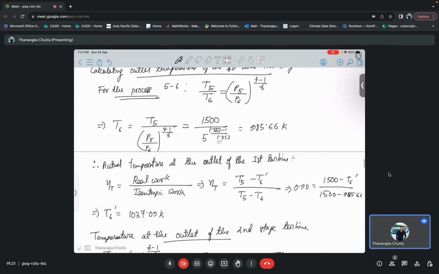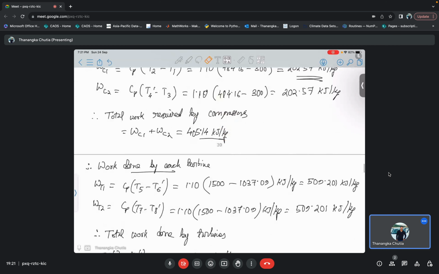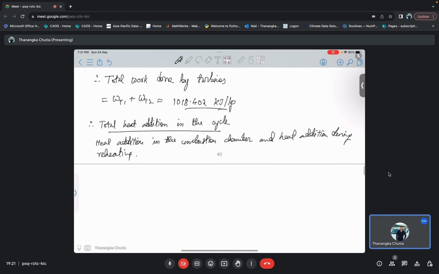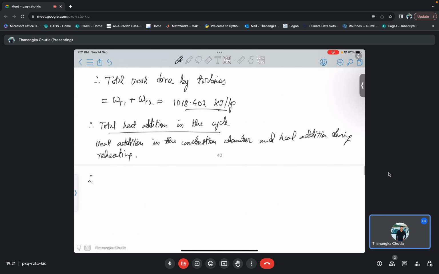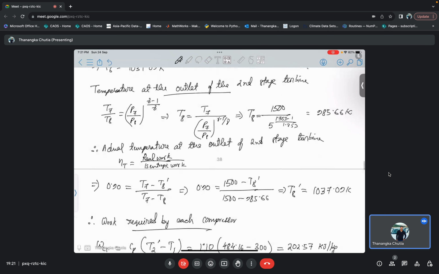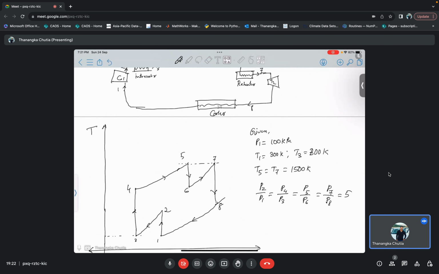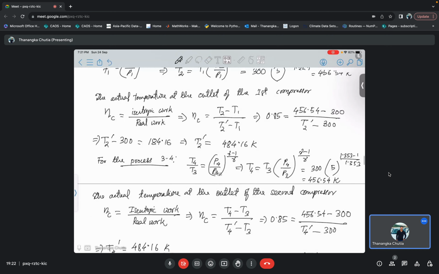Therefore QH is equal to Cp times T5 minus T4 prime. And one more is the reheating process, which is from 6 to 7.